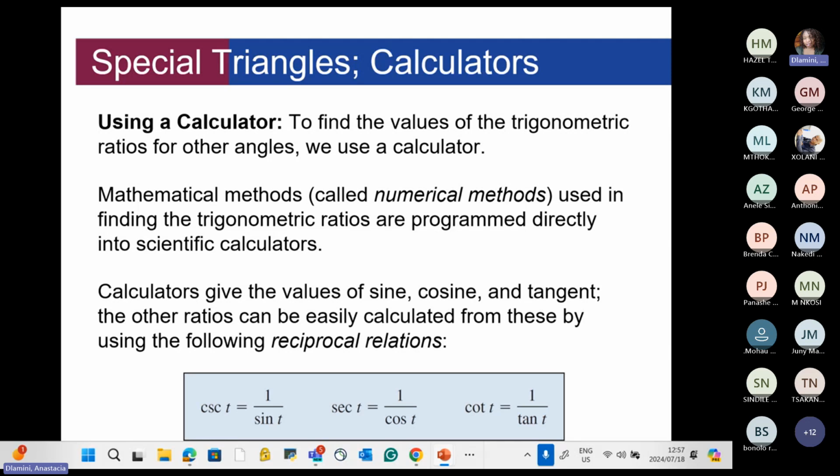Calculators give the values of sine, cosine, and tangent. The other ratios can easily be calculated from these by using the reciprocal relation, meaning that if you have sine t, you can find cosecant by saying 1 over sine t. If you have cos, you can find sec by using 1 over cos t. If you have tan, you can find cot by saying 1 over tan t.